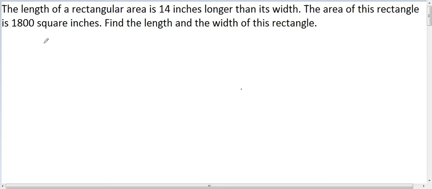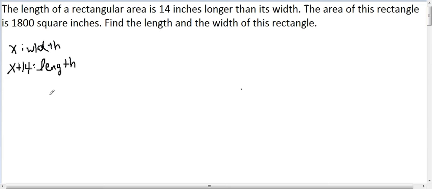Let's go ahead and use x to represent the width, and x plus 14 to represent how long the length is.